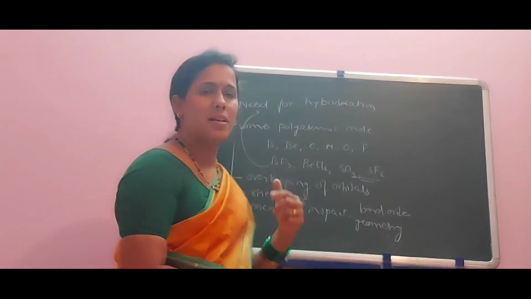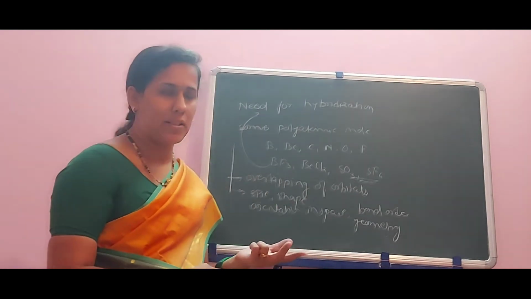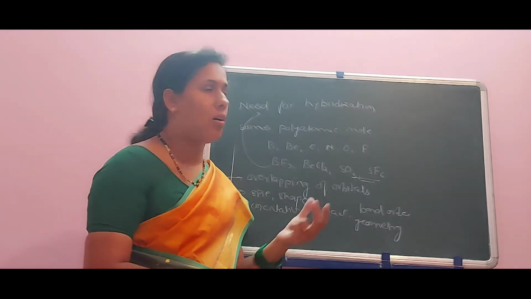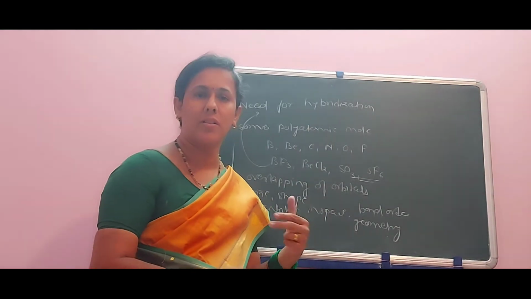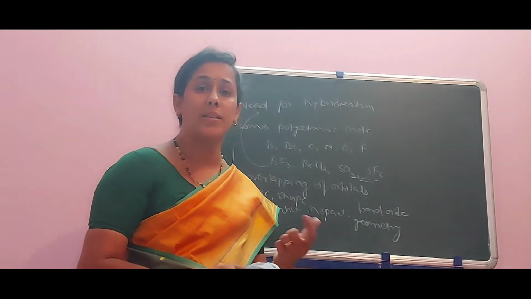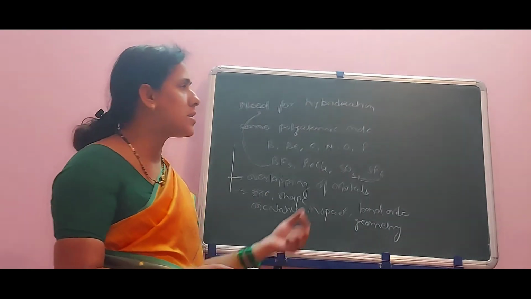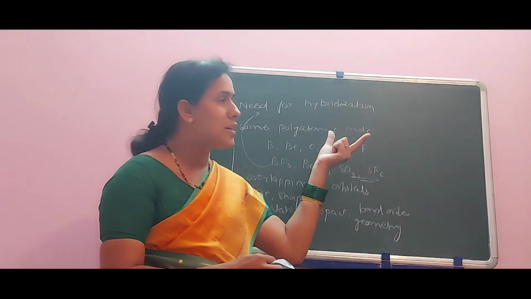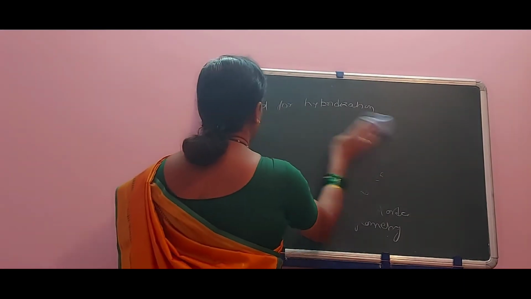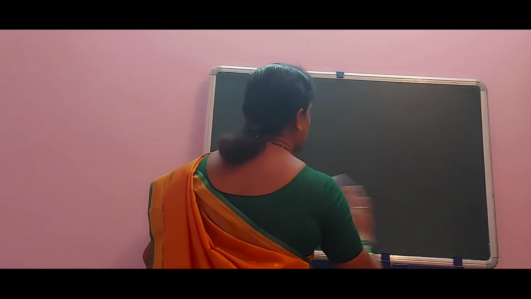Now the question arises, what is meant by hybridization? In the definition of hybridization, all the needs or requirements for hybridization are given. Once you know the definition, you can easily write down the requirements for hybridization. So let us see the definition of hybridization here.